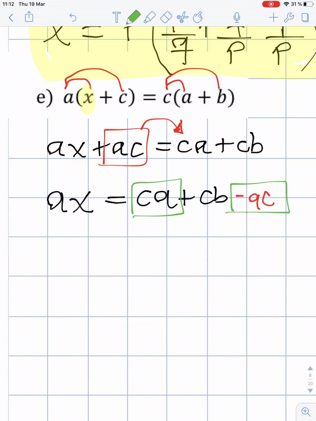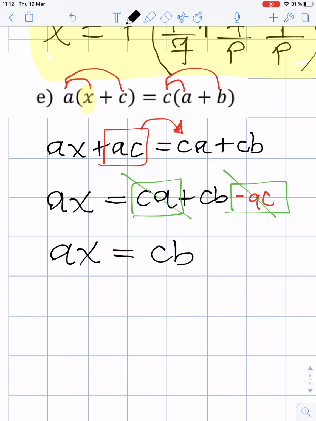Independent of the order of the variables, we have the same variables, therefore we can add or subtract them. ca that is adding minus ac that is subtracting is 0, so we can cancel this out. Now the expression that is left is ax equals cb.